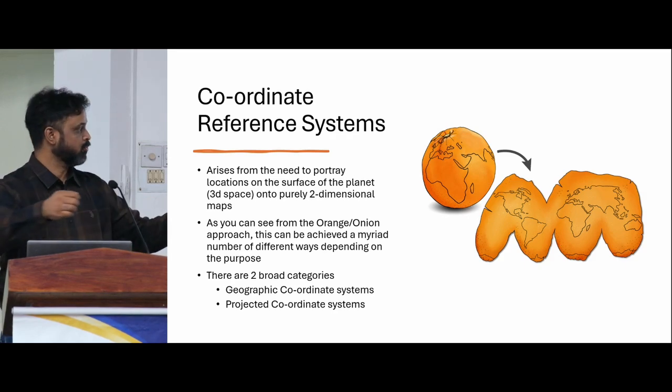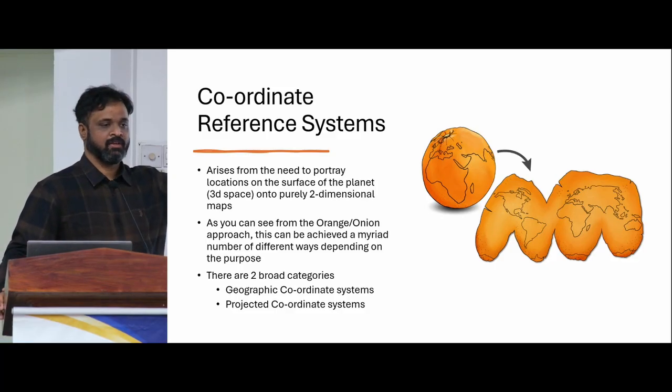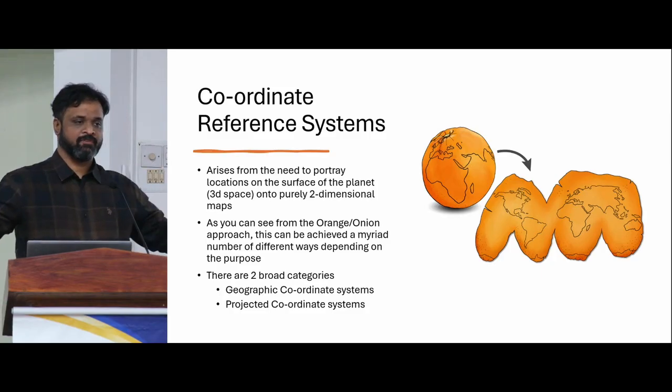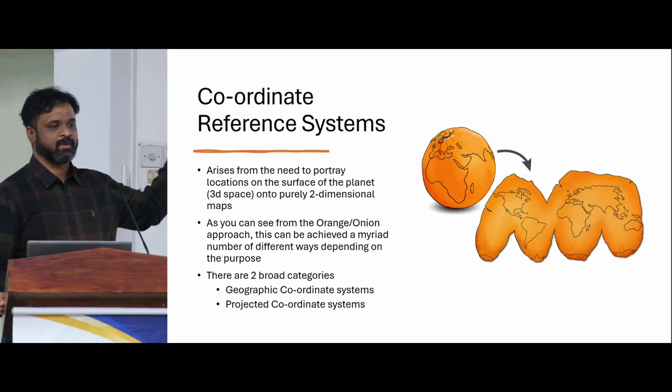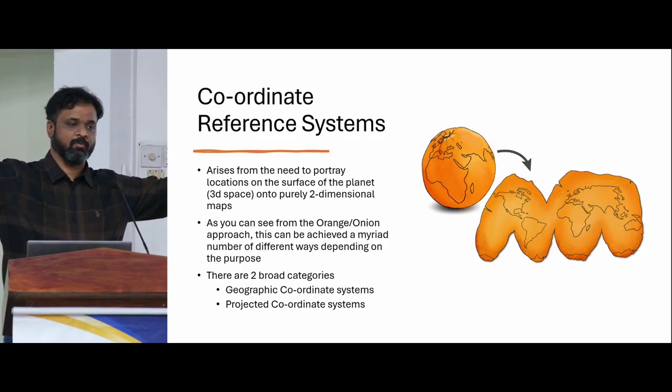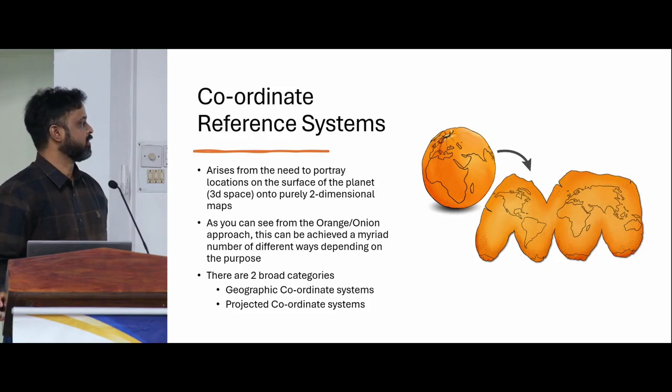You have to first remove the peel, and when you try and make it flat, you will notice that the peel will break at certain locations. Or, if you had a stretchy peel, for example, the image would stretch. That's why in some maps you'll see North America is very long, because it's towards the end and it has been stretched to a high extent.